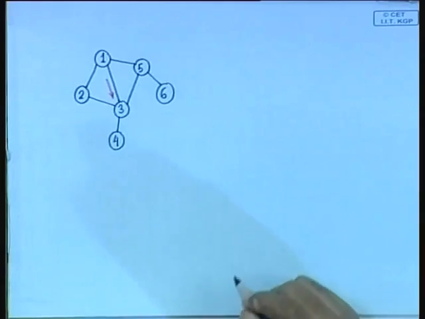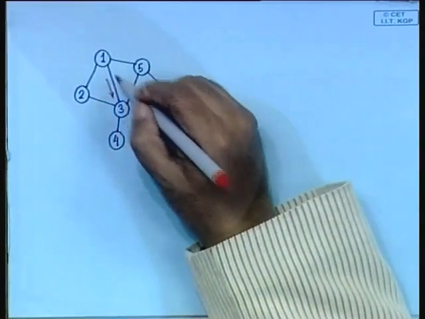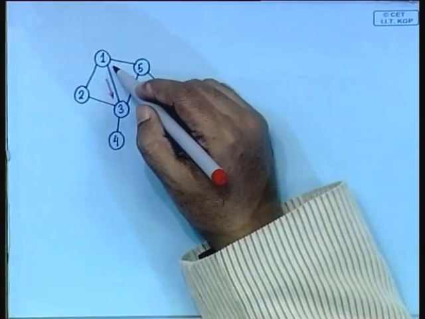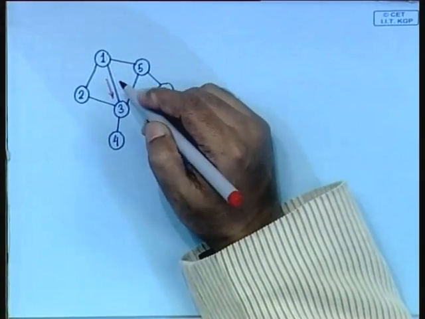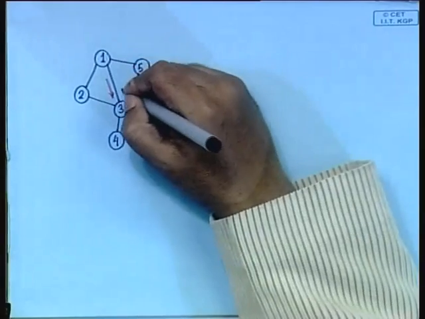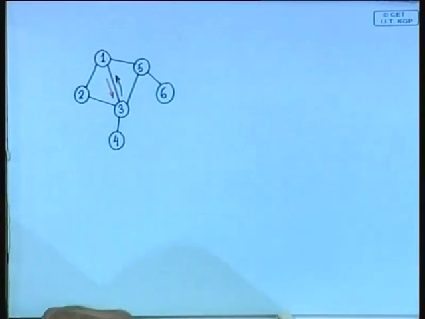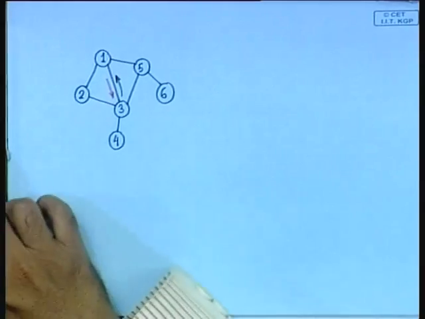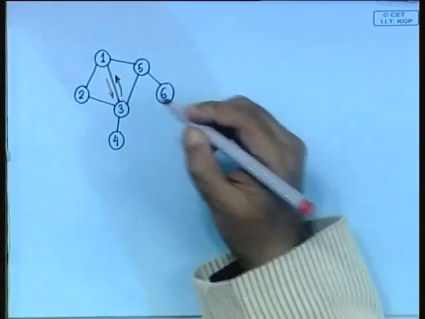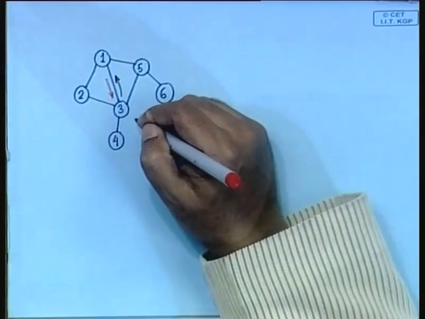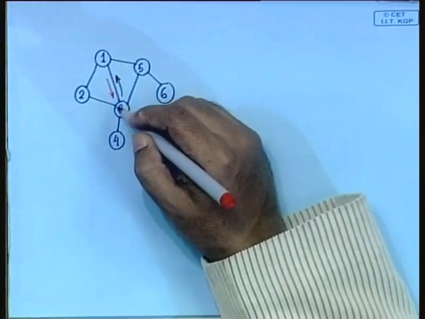So, suppose it has sent the token to 3, right. Then what will be the parent of 3? Parent of 3 will be 1. So, this is the parent, of 3 will be 1. Now, 3 will do what? It will forward the token to somebody.